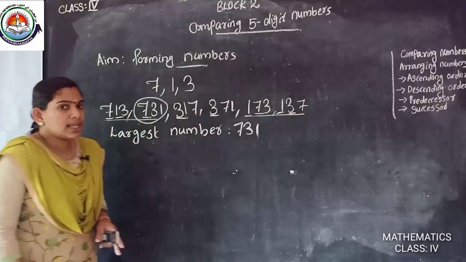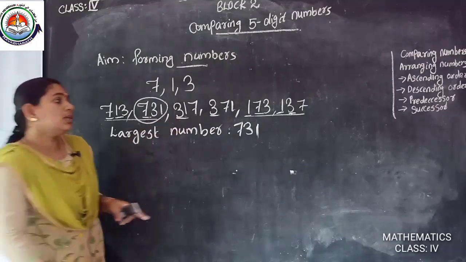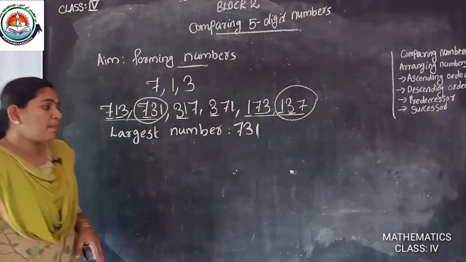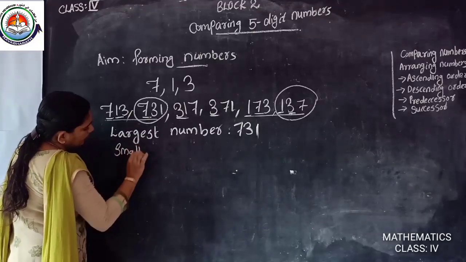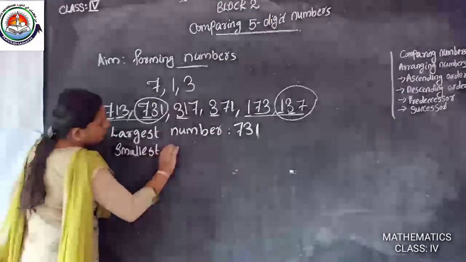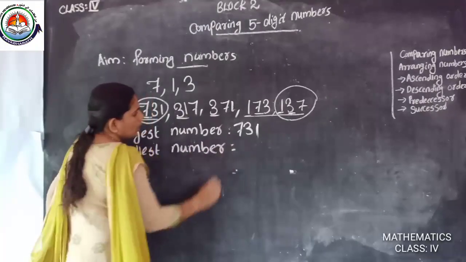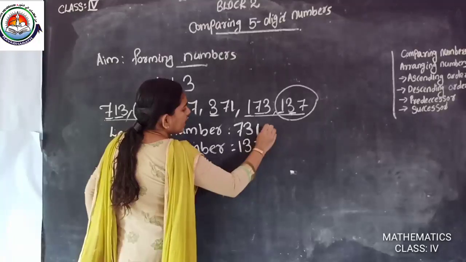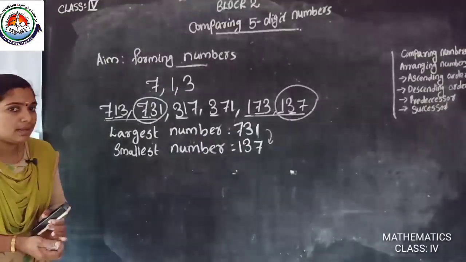Which is the smallest? 3. So this is the smallest number. The smallest number is 137.